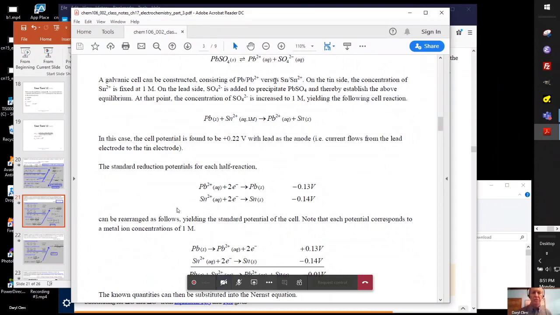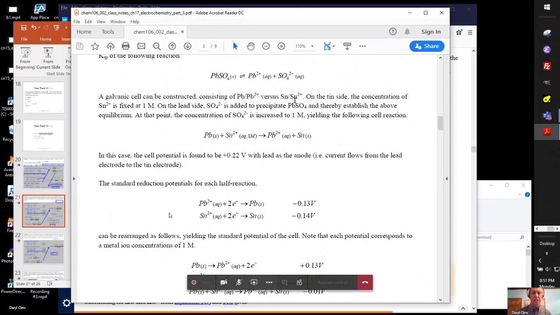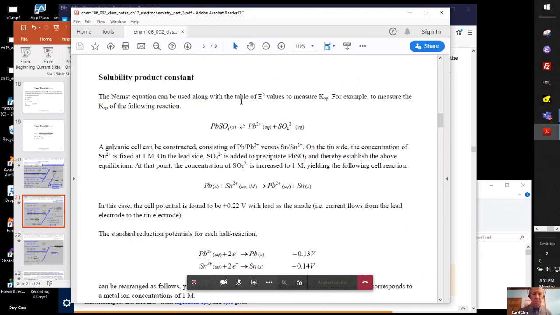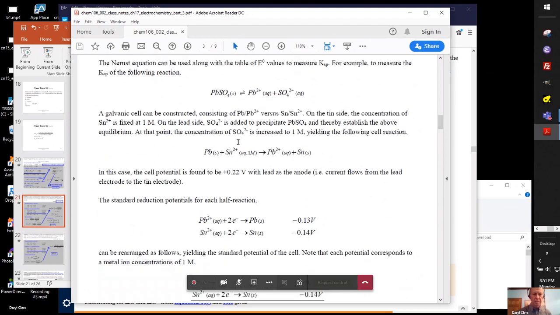So what we could do is set up the cell to have lead on one side and, for example, tin on the other side. And we need to keep the concentrations of things that aren't involved, like tin 2+, fixed at 1 molar. And on the lead side, we're interested in solubility of lead sulfate.